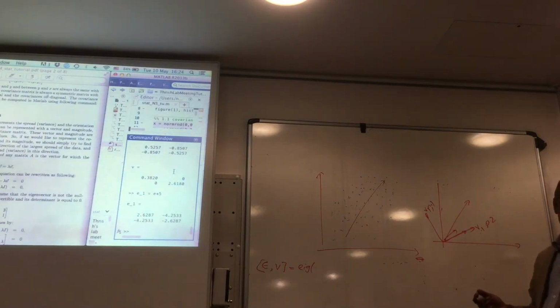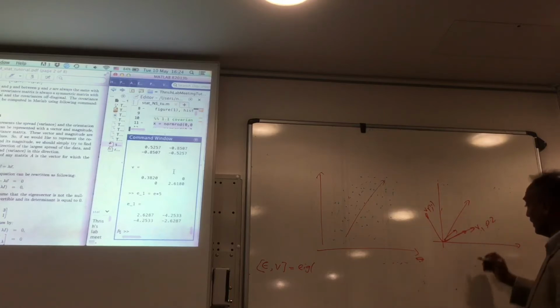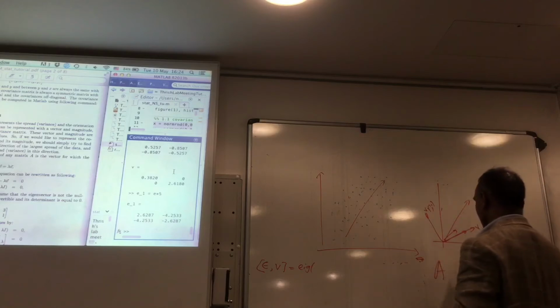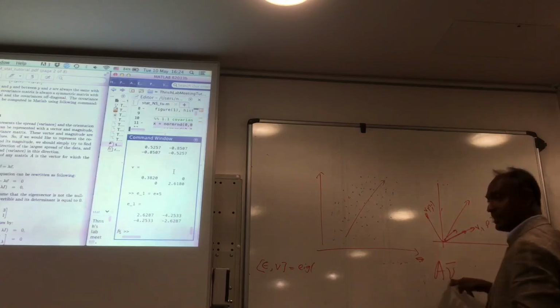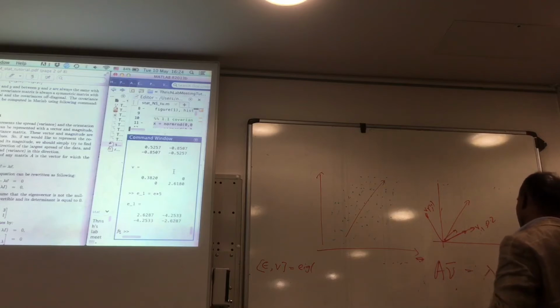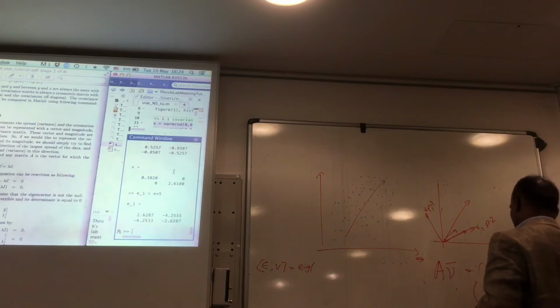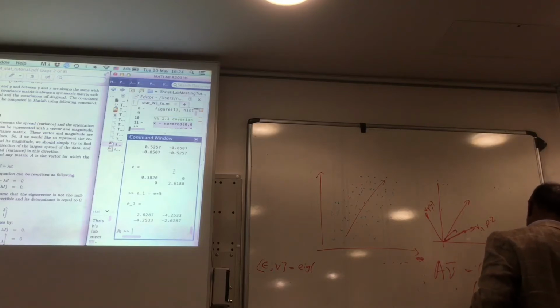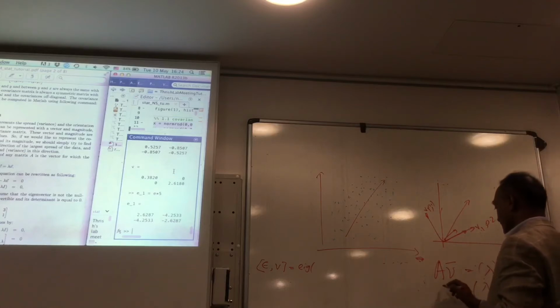Because the eigenvectors are orthogonal, any vector along the eigenvectors I can write as lambda V, which is a diagonal, lambda 1, lambda 2.